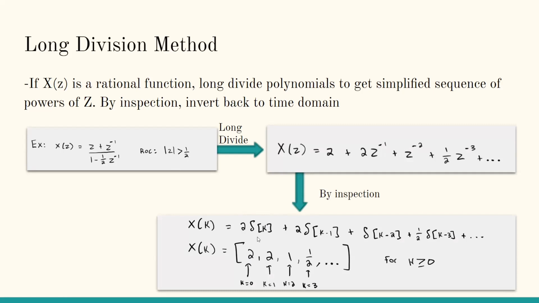It's important to note with the long division method that we don't actually get an analytical solution to our problem. Unlike the partial fraction method where we can actually get an expression in the time domain, here we're obtaining our signal one sample at a time. And so each time we perform the long division, we get one sample. And so with this example, we performed the long division 4 times and we were able to get 4 samples.